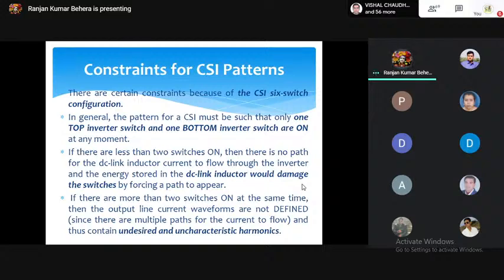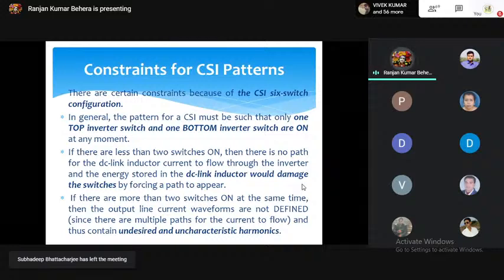Another case is when more than two switches are on. If two switches from the top, or one switch from the top and two switches from the bottom are on, then what will happen? It will create undesirable and uncharacteristic harmonics, for which you cannot design a filter.